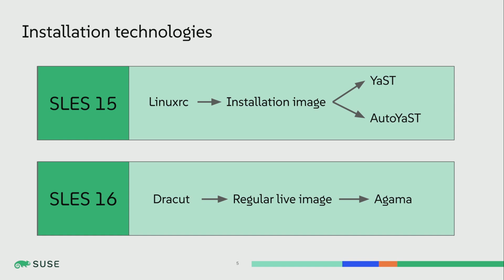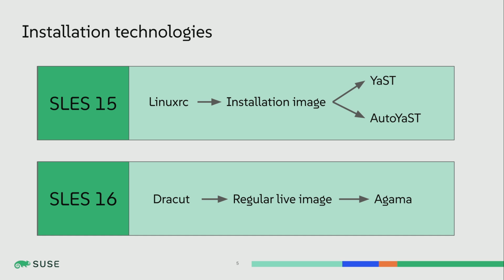And you know that to execute YaST, you will boot the installation media, which is in the end basically a small Linux distribution, a very small system that is just used to execute YaST and AutoYaST. It's special in many ways. For example, it doesn't run systemd or anything like that.